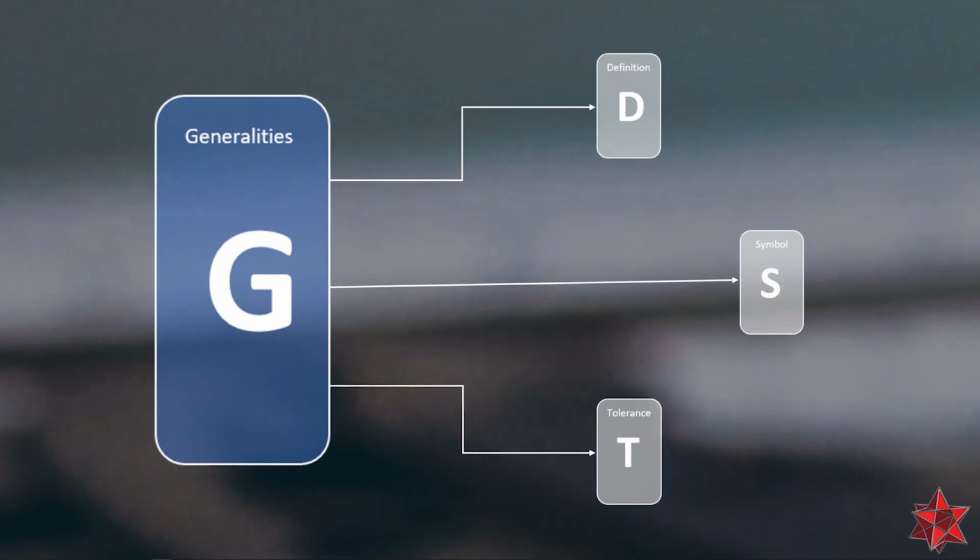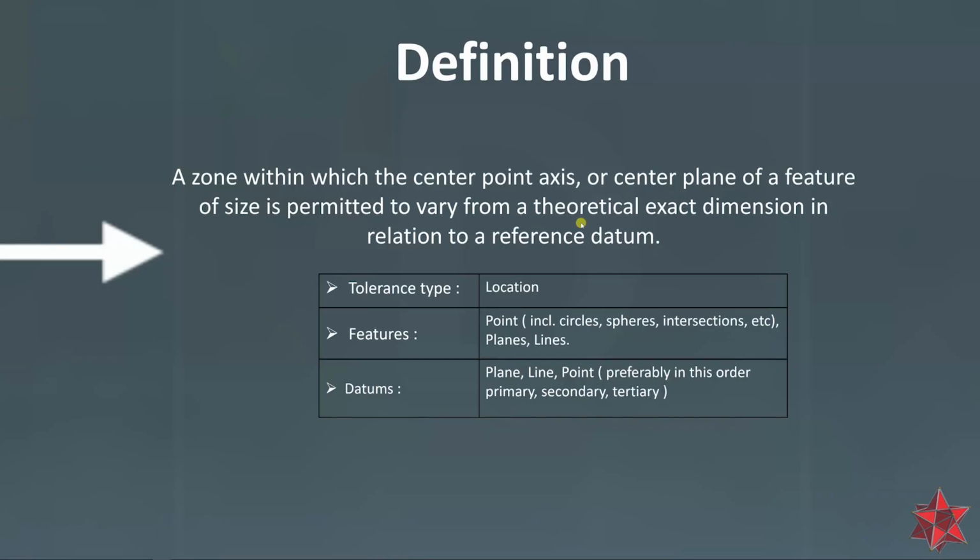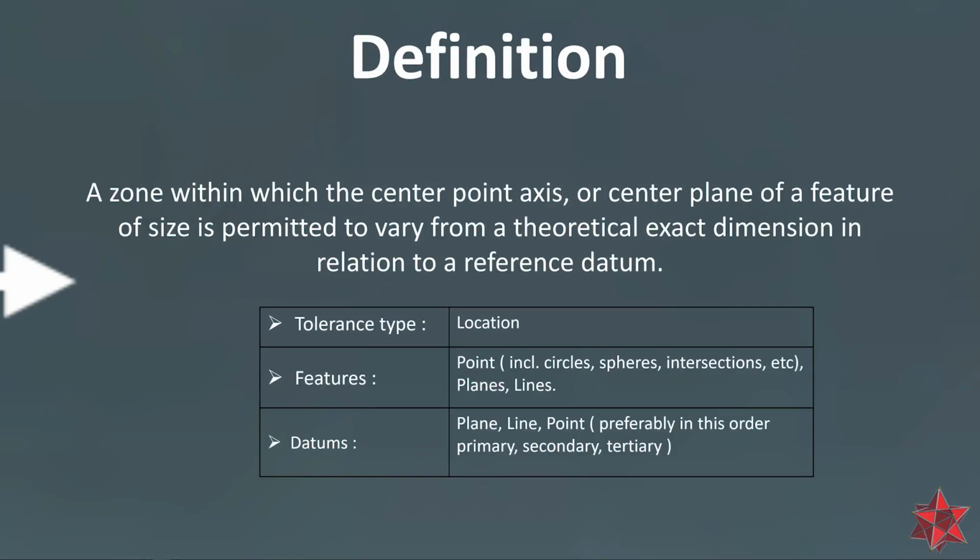Then we need to define the true position, and it goes like this. A zone within which the center point, axis, or center plane of a feature of size is permitted to vary from a theoretical exact dimension in relation to a reference datum. We can also see here the criteria that it needs to meet in order to be considered a true position.